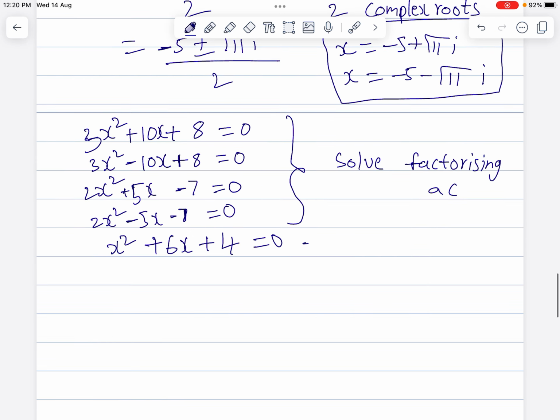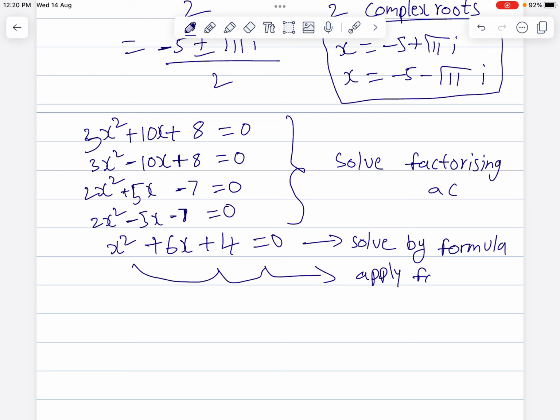In this case, solve by formula. You can try to factorize. If it is not working, apply the formula. So in this case also you try to verify with the formula.